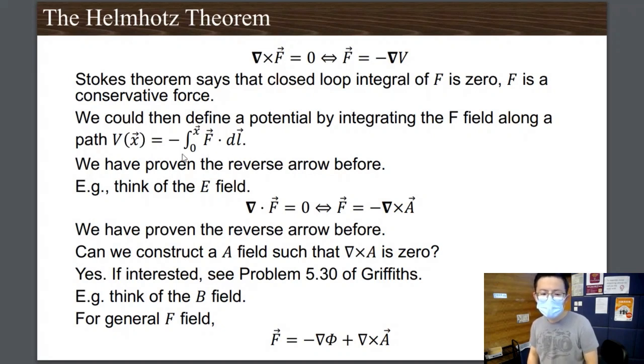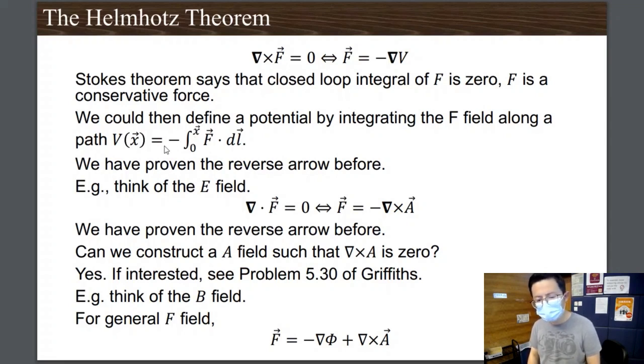And formally, we can always define a V field that is an integration of the F field dotted with a given path L. However, this integration does not depend on what path you take, as long as your two ending points are fixed.